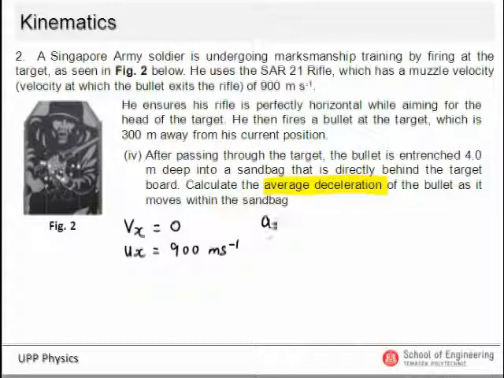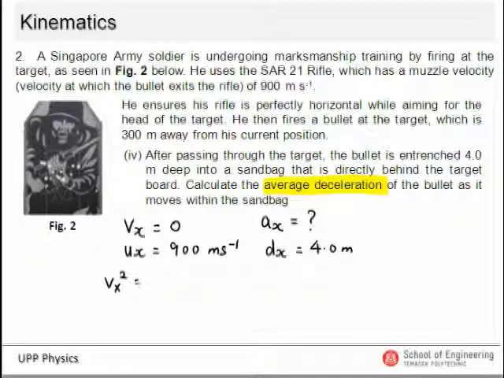The acceleration horizontally within the sandbag is what we need to find. And we are also given that the distance horizontally is 4 meters. The bullet moves a distance of 4 meters before coming to a stop. So these are the four variables that we have here, and only one of them is unknown. And from these variables, it is very clear that we can use this formula.